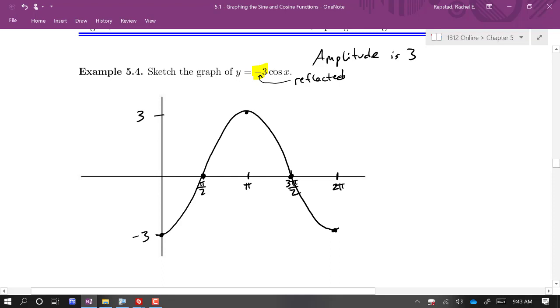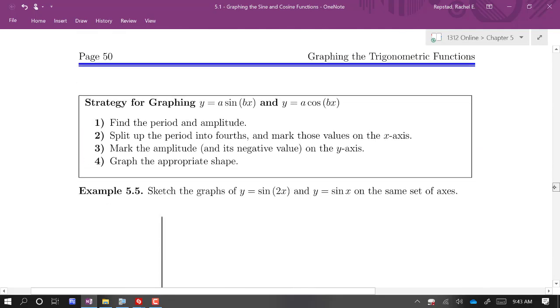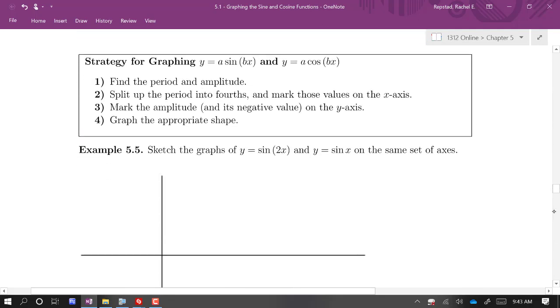I said, okay, the period of this function is 2 pi, and I just went out to 2 pi, and then I cut that period up into fourths to get pi over 2 and pi and 3 pi over 2. And then we're going to mark down where the function starts, where it meets its peaks and valleys, its maximum and minimum values.